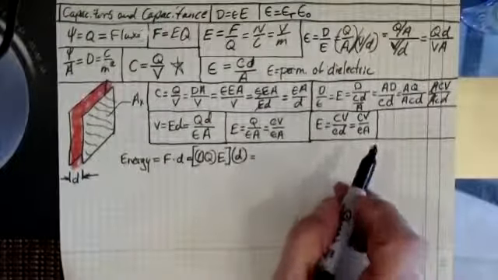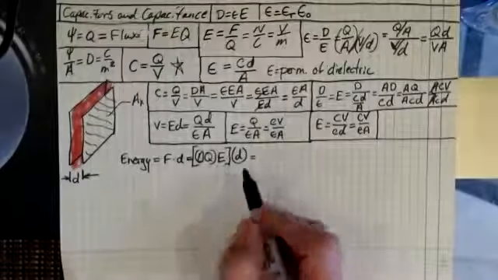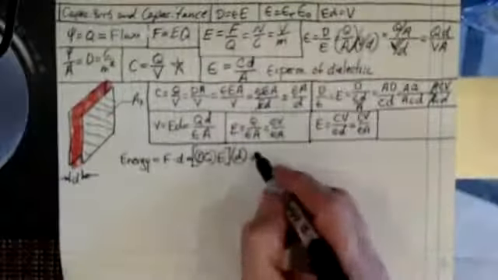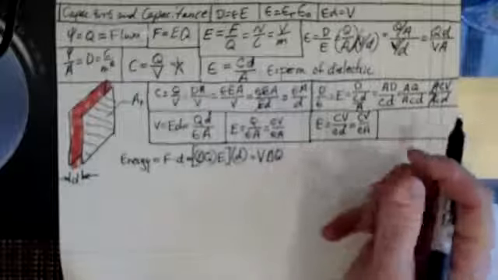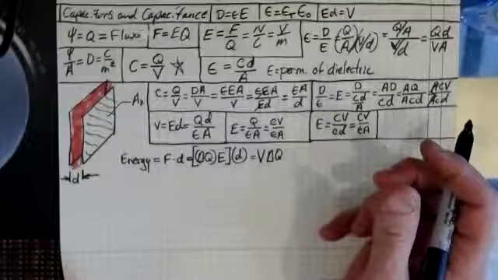But hey, wait a second. What is E times D? Isn't that V? You can see that in the algebraic working I've done with all the equations. So E times D is voltage times that small charge.